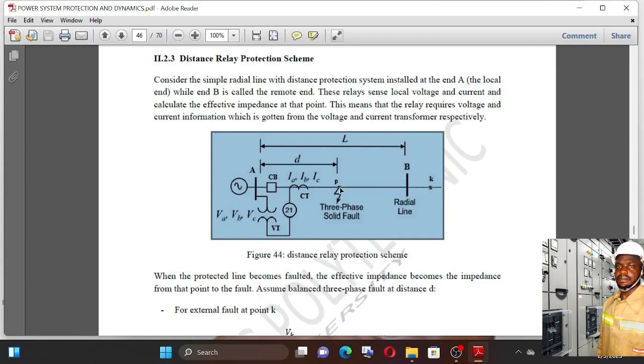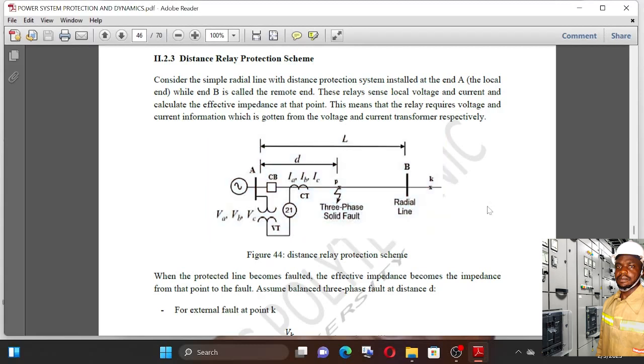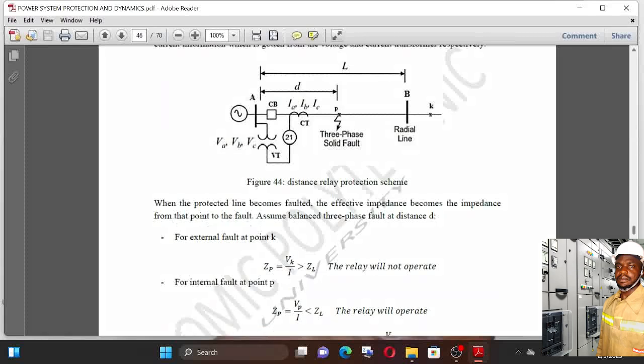Then consider that there is a fault at a point P within this line L. We call it an internal fault at that point P. And we also consider a case where we have an external fault here at a point K. So how will the distance relay protection scheme operate for those various types of fault?